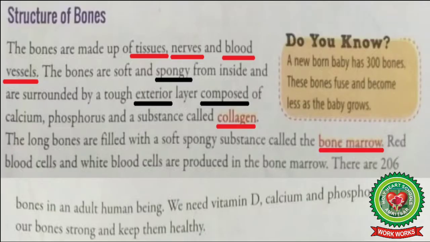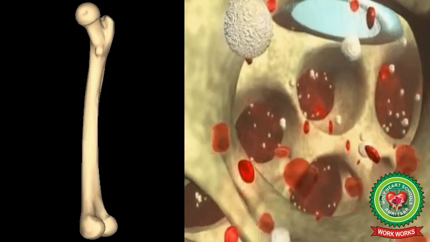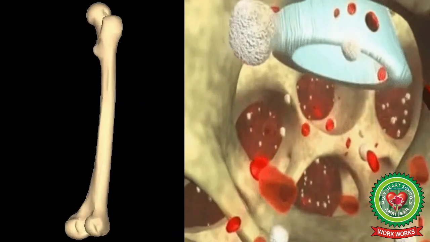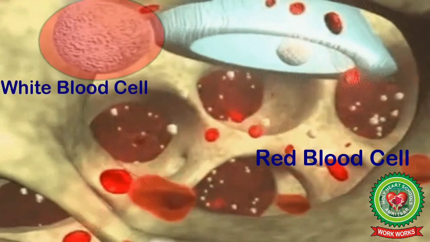Now, the long bones are filled with a spongy jelly-like substance, that is bone marrow, which I have discussed already. Bone marrow is the soft fatty substance present in the long bones, and red blood cells and white blood cells are produced in the bone marrow.